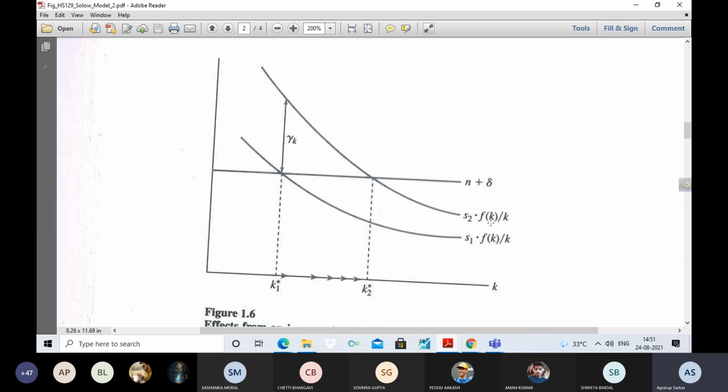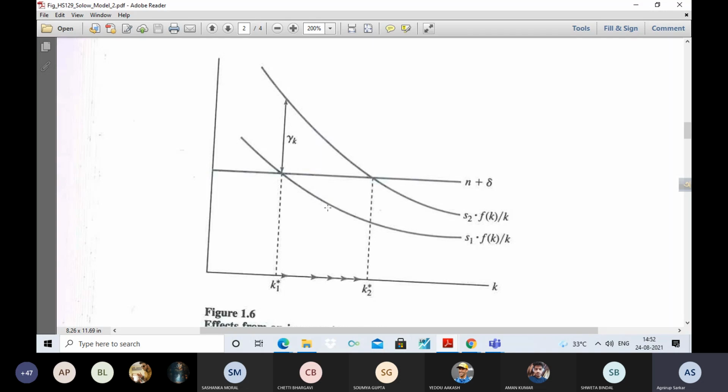And as a result of an increase in F(K), the saving curve is going to shift upwards, right? Since the production function shifts upward proportionally, the saving curve shifts upward, and the K dot by K, which is the growth rate of capital, again becomes positive temporarily.